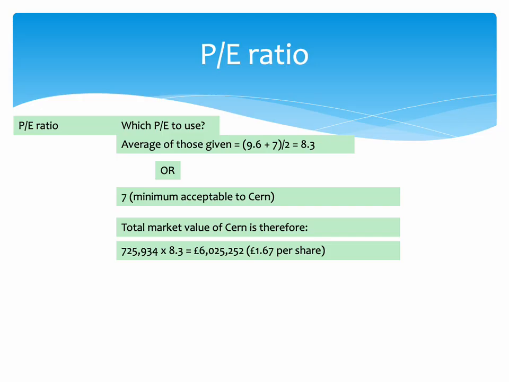So if you'd use the average PE ratio of 8.3, you'd be looking at 6,025,252, which gives you about £1.67 a share. Remember, you have to show it per share. Or alternatively, you could take the earnings figure and multiply it by 7 if you decided you wanted the minimum, which would give you just over 5 million, or £1.41 a share.